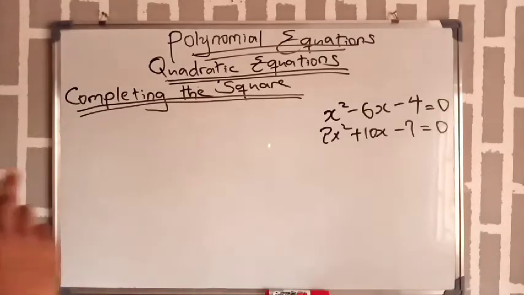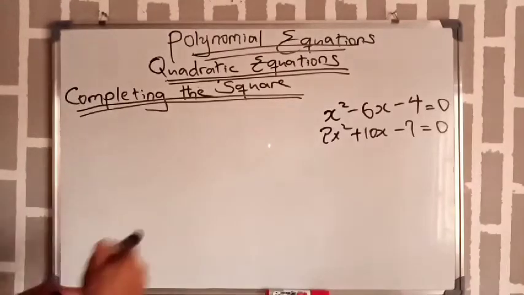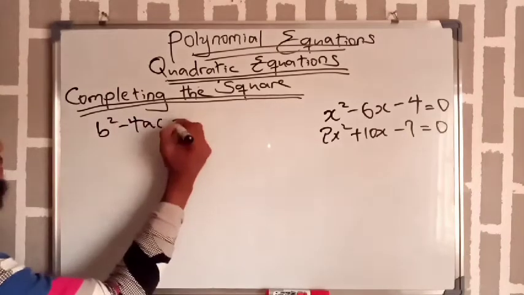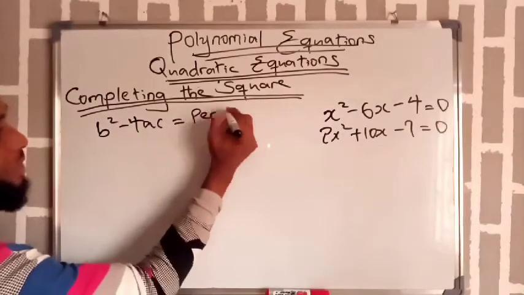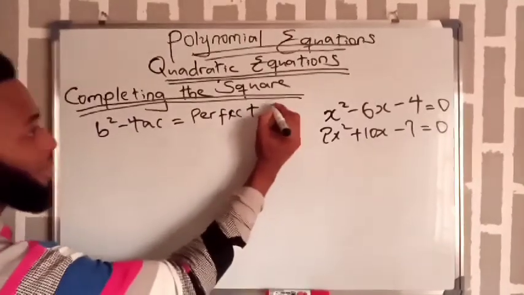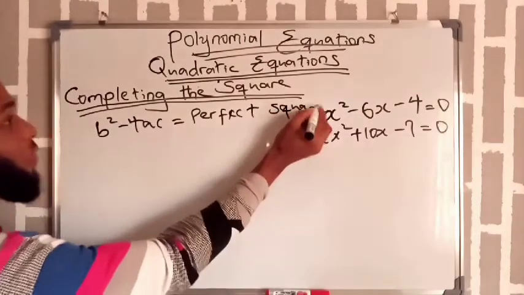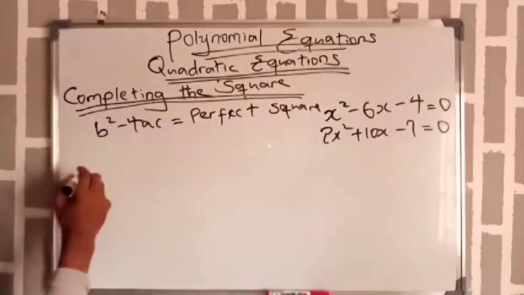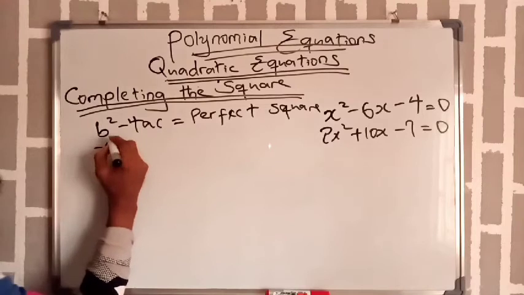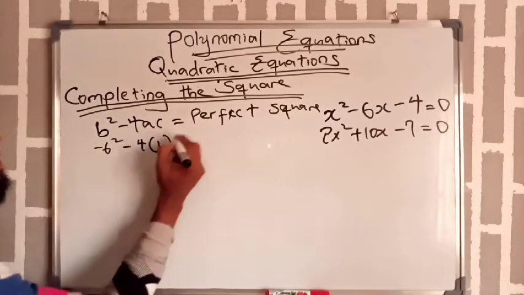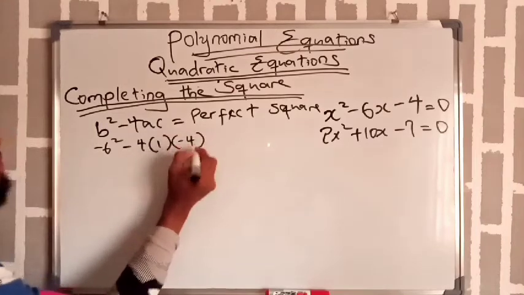So let's take the first one. Like I told you, b squared minus 4ac should give you a perfect square before you apply the factor method. So let's compute b squared minus 4ac. This is minus 6 squared minus 4 multiplying 1 and minus 4.